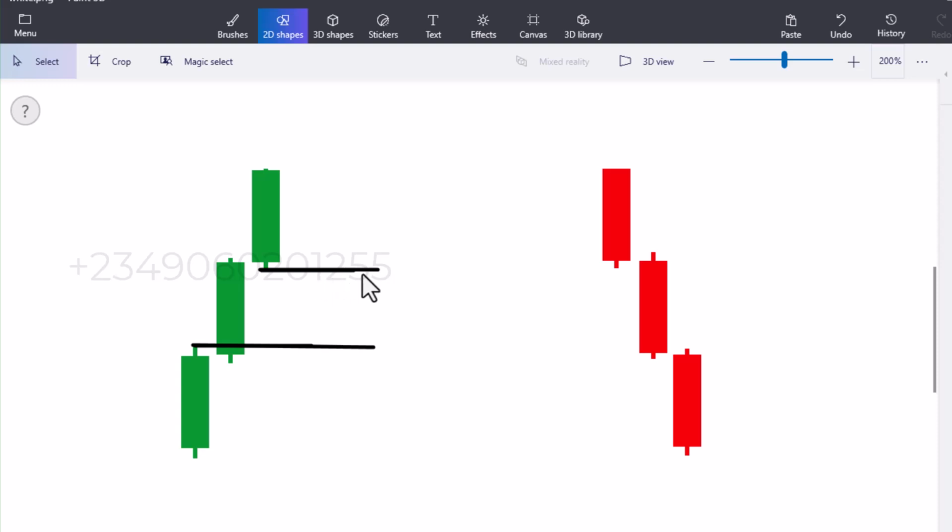You mark the extreme high of the first bullish candlestick, right? Once you mark the high of the first candlestick and the low of the third candlestick, the space between them is what we call the fair value gap.